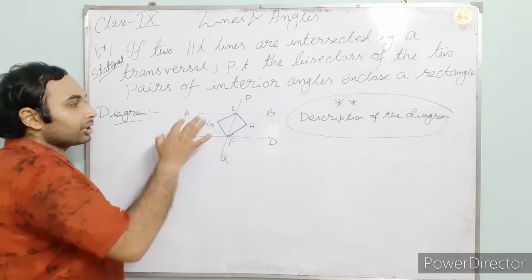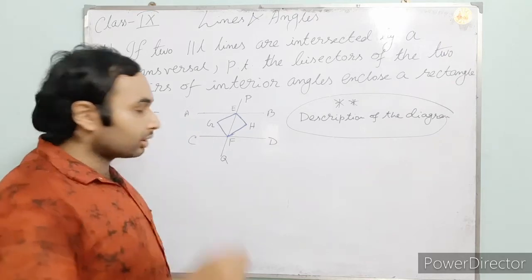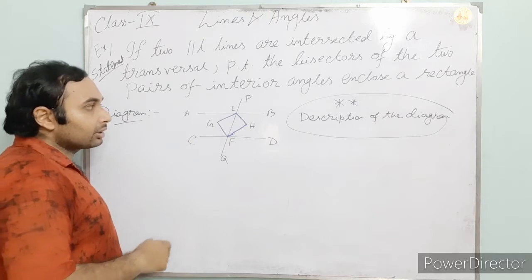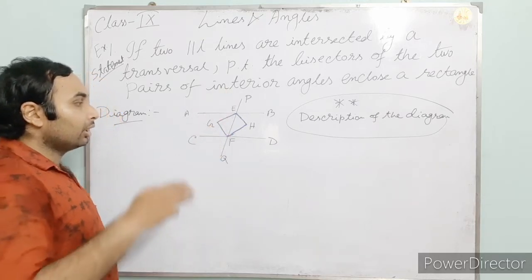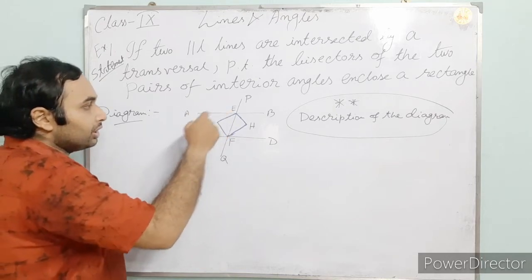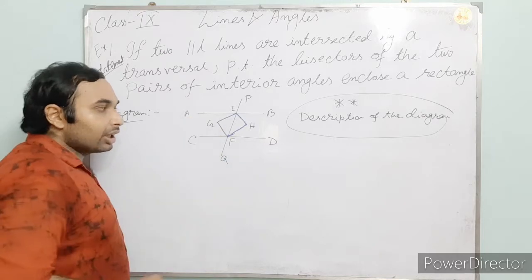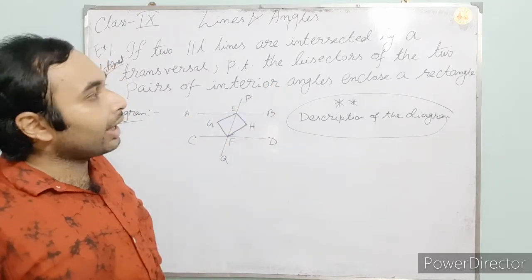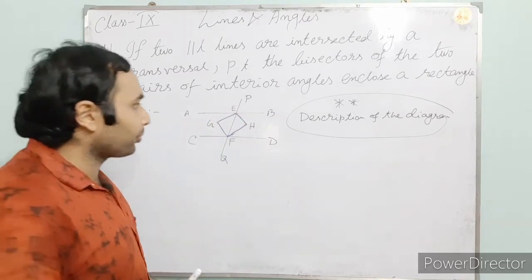Let AB and CD be two parallel lines and PQ the transversal. Now EG, EH, FG and FH are the angular bisectors of the interior angles of these parallel lines.